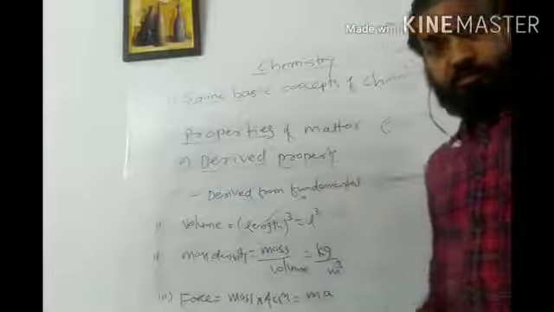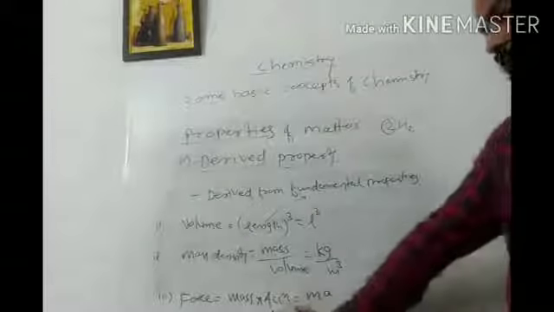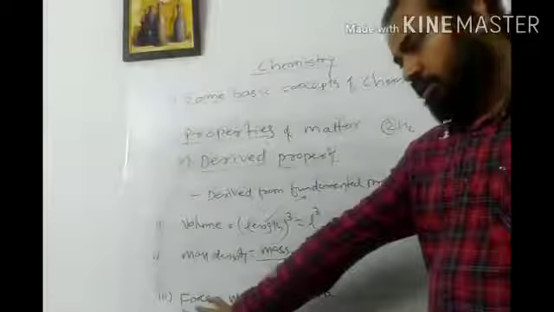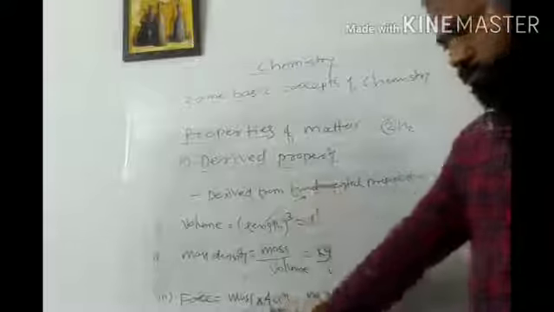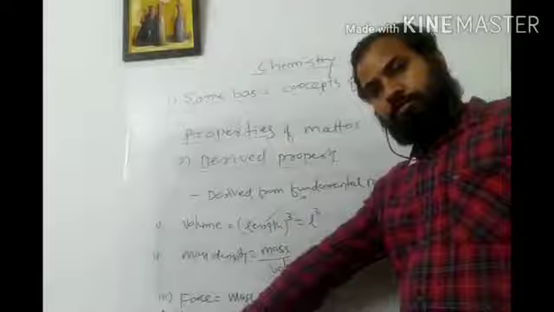So time is a fundamental property, isn't it? Hence acceleration also depends on fundamental properties. So these two terms are dependent on fundamental properties, which means if I want to calculate the force, I need fundamental properties. So this is what derived properties are.